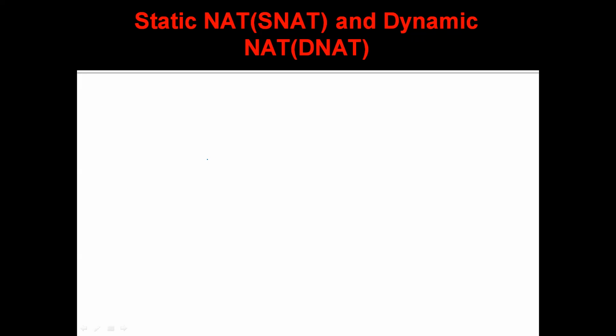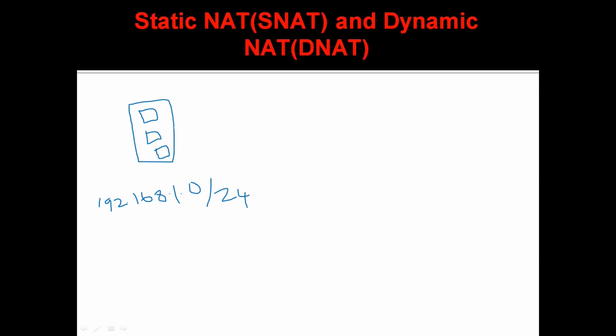Next, dynamic NAT. What is dynamic NAT? Same as this, we have our LAN, with IP address 192.168.1.0/24. That means it has 254 hosts, so our LAN has many computers. I think there are 200 computers in our LAN.